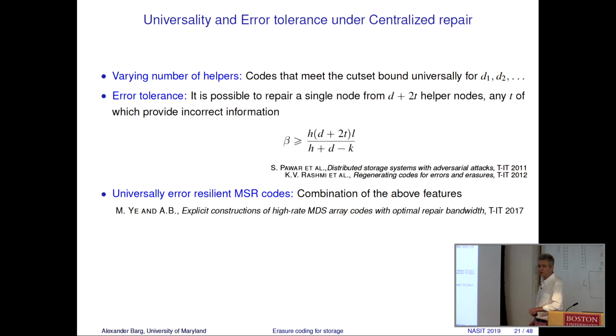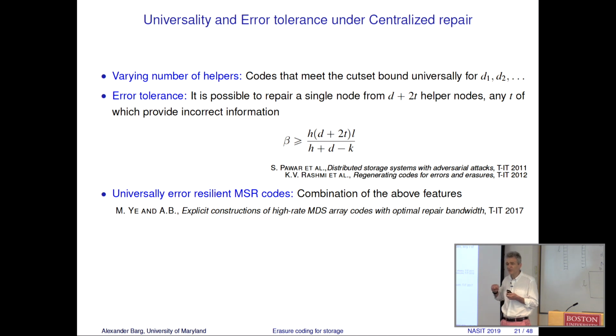It is possible to perform repair even in the situation when some of the nodes provide incorrect information. So suppose we download, but there are errors. Why are there errors? Well, maybe there are unreliable links. Maybe the nodes, as they like to say, are Byzantine. In computer science terminology, when they say that there is an error, they collude against us. They deliberately provide incorrect information.